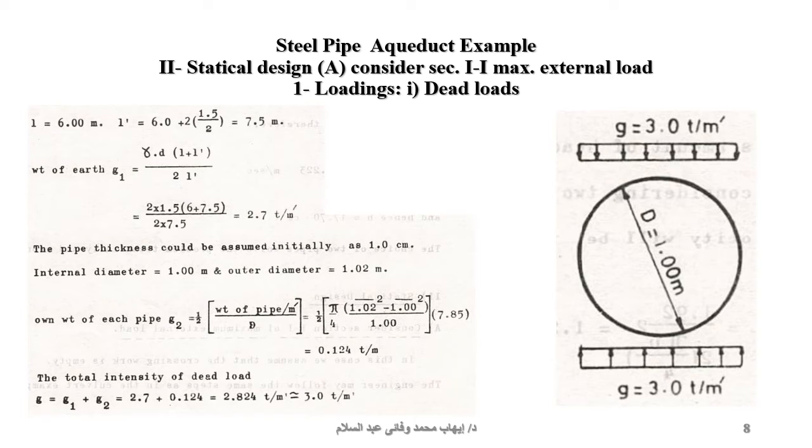On weight of each pipe, 1.124 ton per meter run. The total intensity of dead load is approximately 3 ton per meter run, as we show in the graphics.